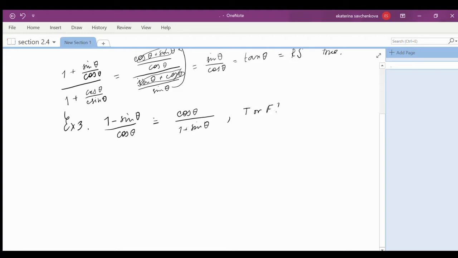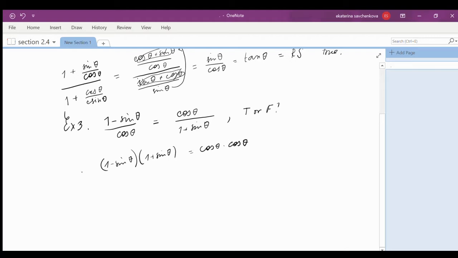Well, what I'm going to do is this identity. I'm not going to modify left side or right side separately. I'm going to do a proportion multiplication crisscross. So I'm going to use 1 minus sine of theta multiplied by the denominator of this fraction, 1 plus sine of theta, and on this side cosine of theta multiplied by cosine of theta.